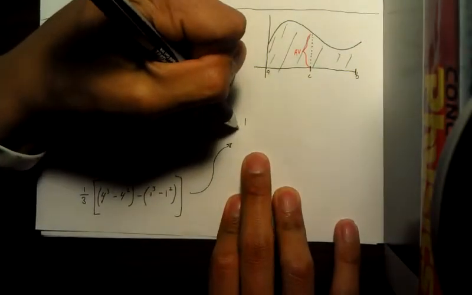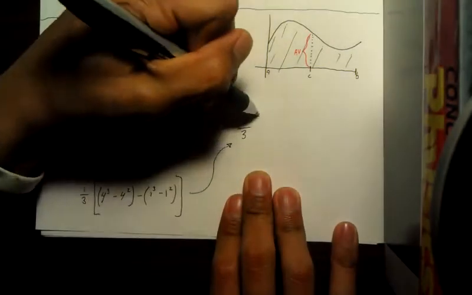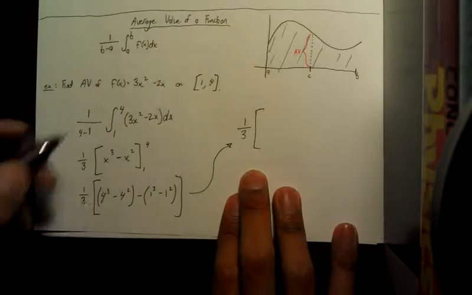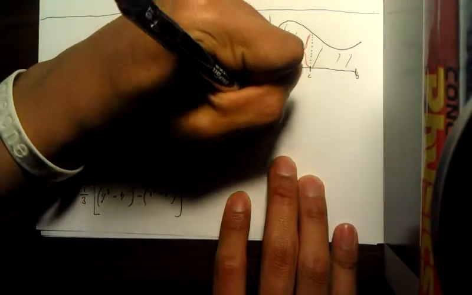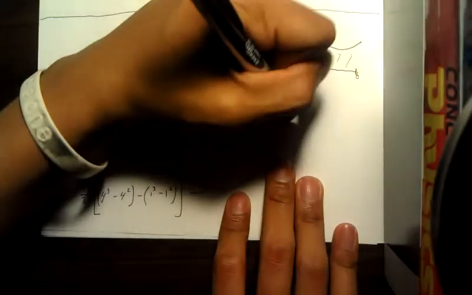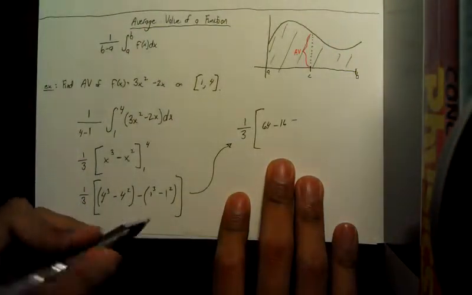So you've got 1/3 times 4 to the third, that's 64 minus 16, minus 0.